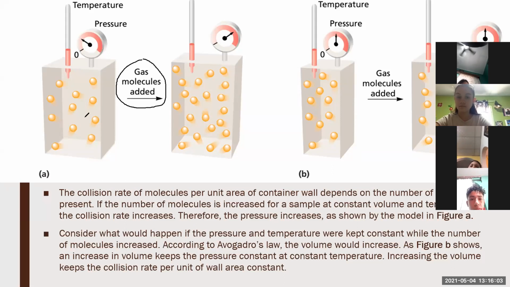Take a look at how the particles are spread here and how the particles are here. In which container, 1 or 2, are the molecules closer? In number 2, that's right.